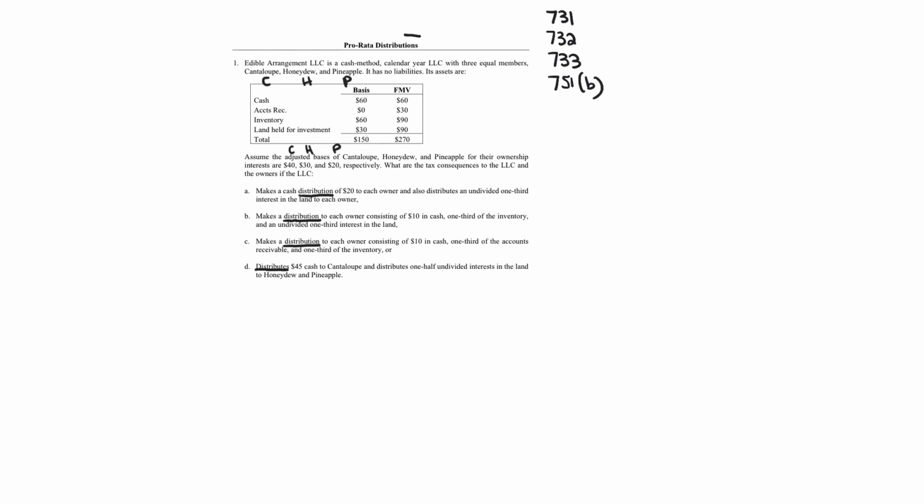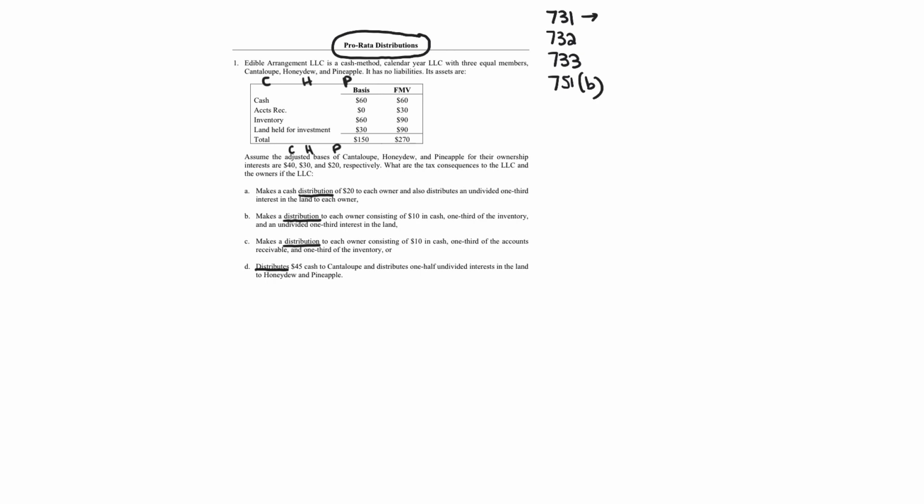Now I told you that these problems are pro rata distributions, but I'm going to show you how they're pro rata and how you test, because you might not have an example on a question where the teacher says, hey, this is pro rata. You might have to figure that out. So 731 says the partnership has no gain or loss if it's pro rata distribution. For the partner, it depends.